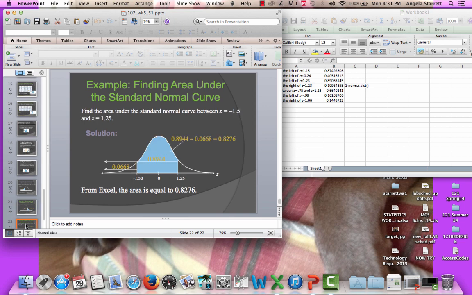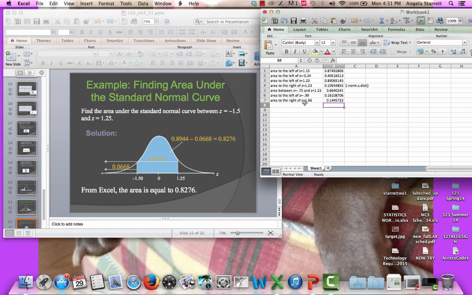And lastly here, let's do one again between. So I want the area between z equals negative 1.5 and z equals 1.25. So this is where I do equals norm.s.dist.